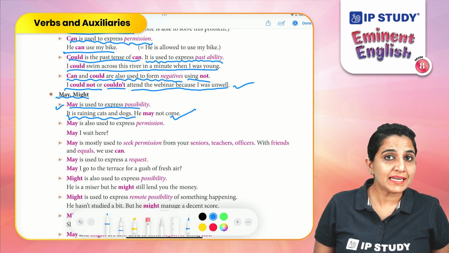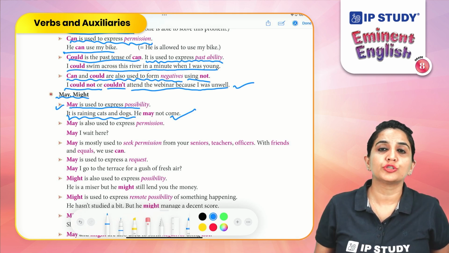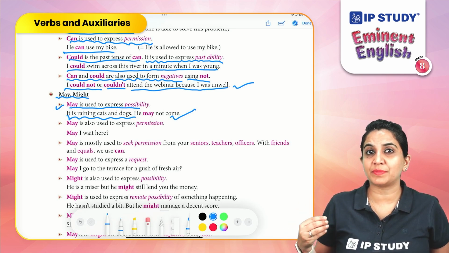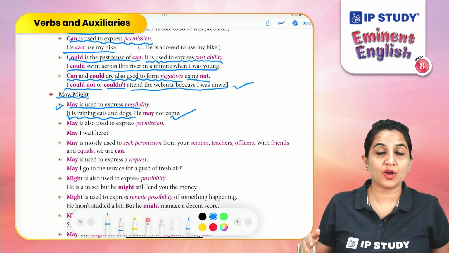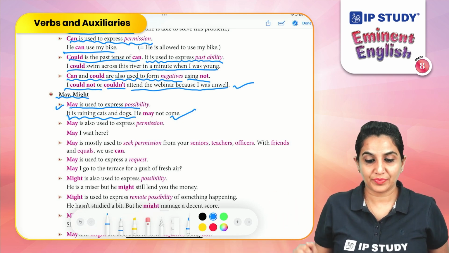It is slightly different from the ability to do something, because can expresses ability, that means I can do something or I cannot do something. But may expresses the slightest possibility of something that may happen or may not happen.